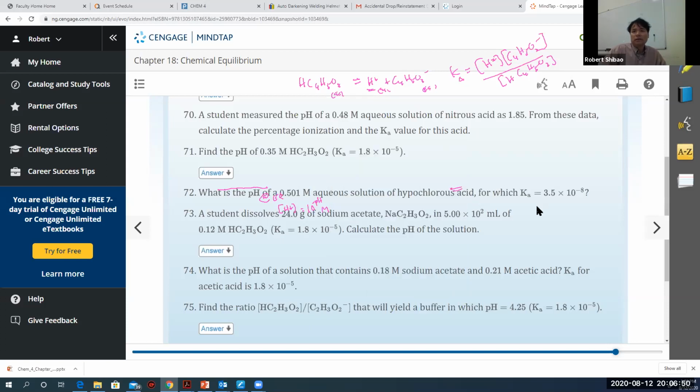A buffer, like acetic acid and acetate, is a solution in which you have a base coexisting with an acid. Normally when we think about an acid and base, they should attack one another, react and neutralize each other. But if both are weak, then they can coexist.